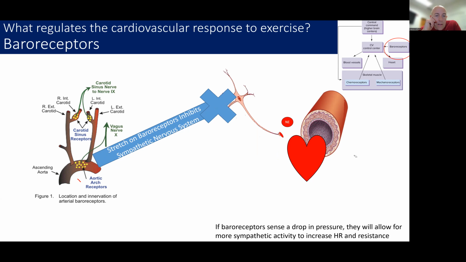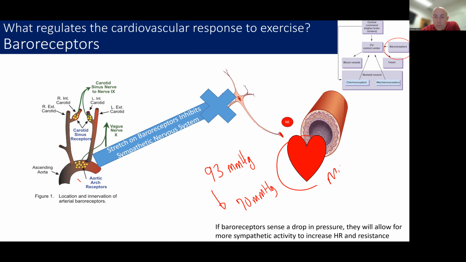Now, they're almost like a thermostat. Let's say that your baroreceptors right now want to keep you at an average pressure of about 93 millimeters of mercury, your mean arterial pressure. If they sense that it's dropping below that, let's say that you get that hemorrhage, you're losing blood and your blood pressure goes down to 70 millimeters of mercury, you want to increase the heart rate, cardiac output, and the resistance.